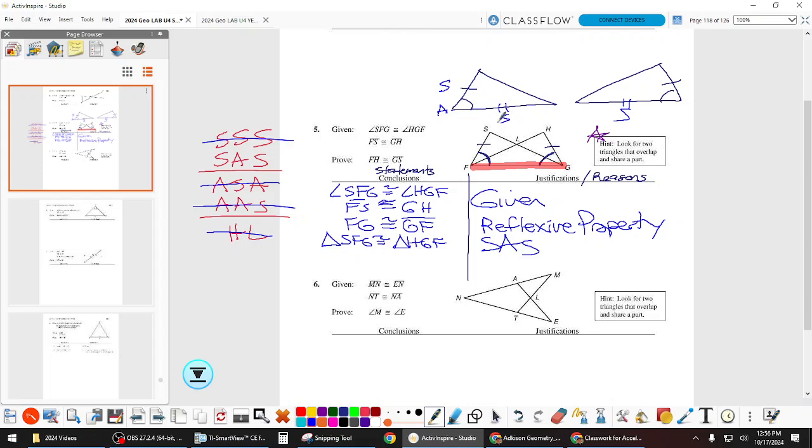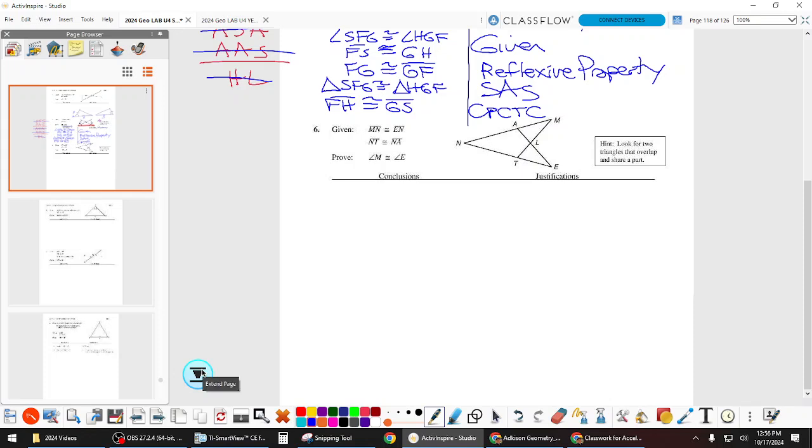Side angle side. Remember, order matters for sure. And then we can just finish by saying, hey, if the whole triangles are the same, then any corresponding parts are. And there's our CPCTC. All right. Reflexive property can kind of get you sometimes if you don't see it.